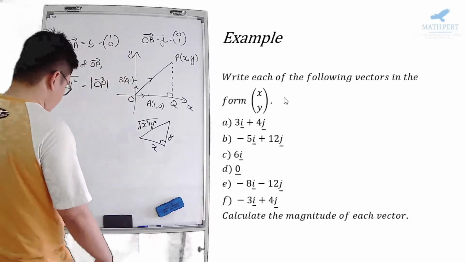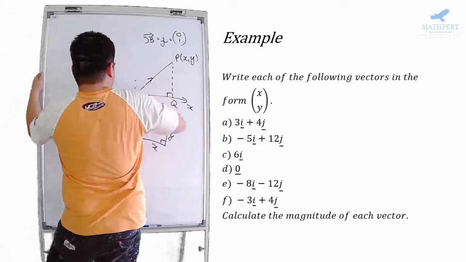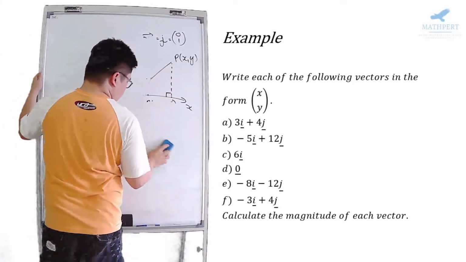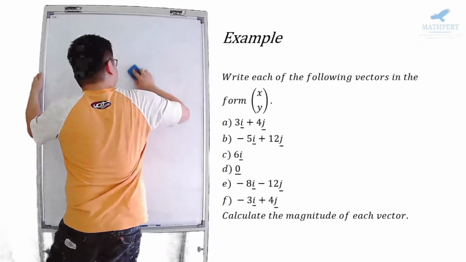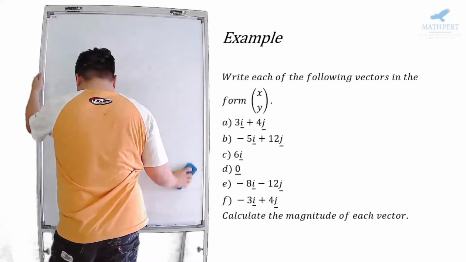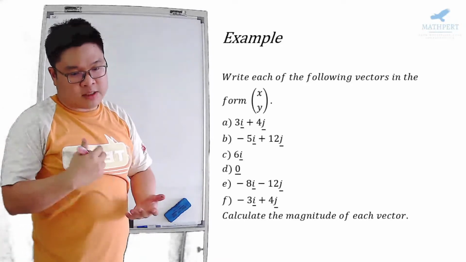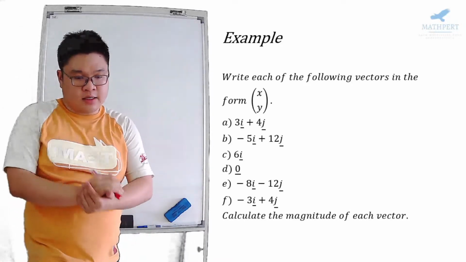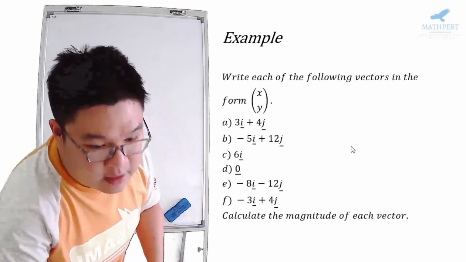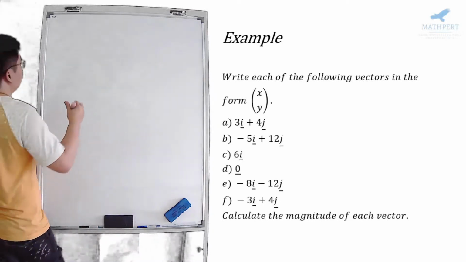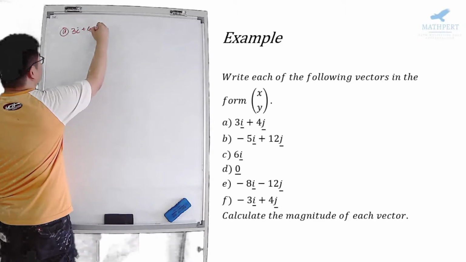Okay, let's take a look at this example. Write each of the following vectors in the form of x, y. This is column vector, Cartesian coordinate, right? Yeah. So, first one, 3i plus 4j.